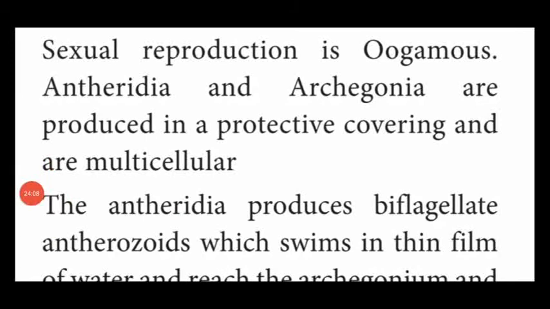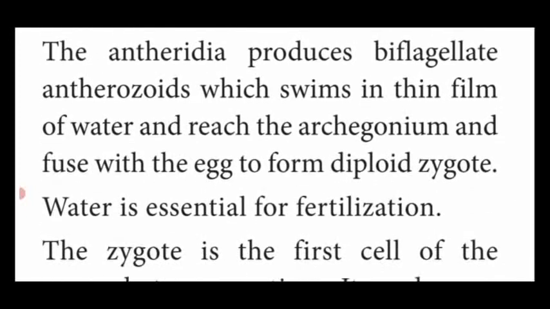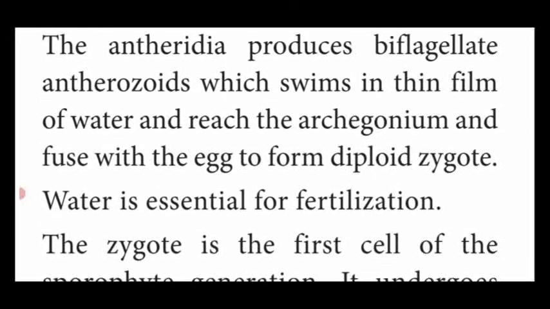Next one, sexual reproduction is oogamous, producing two types of gametes. Antheridia, the male sex organ, and archegonia, the female sex organ, are produced in a protective covering and are also multicellular. Then the antheridia produce biflagellate antherozoids.